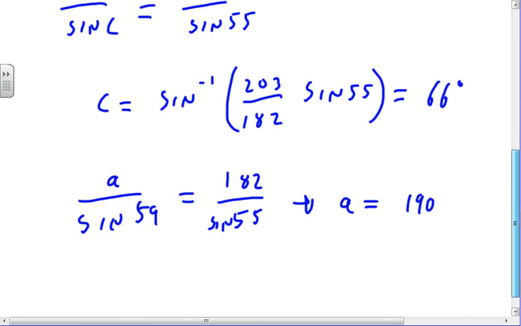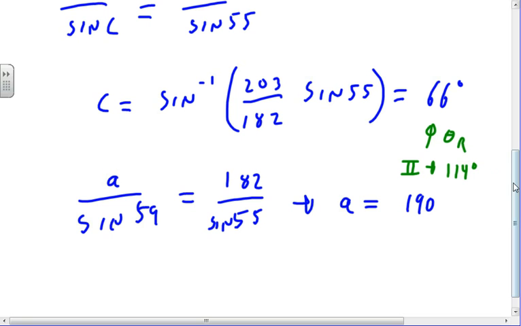So when we come back to C being 66 degrees, we can say this 66 degrees is just a reference angle. What is the second quadrant answer? It'd be 180 minus 66. That'd be 114 degrees, right?